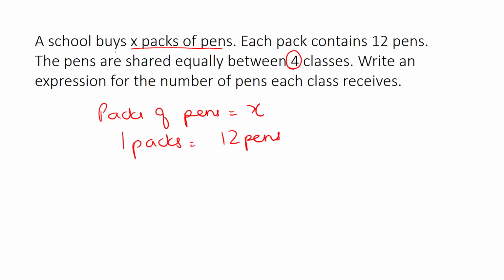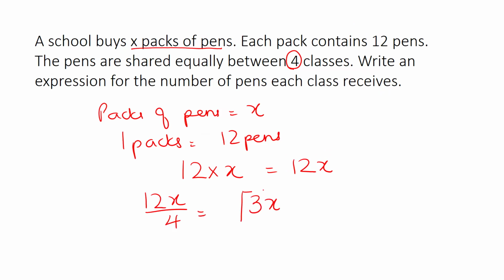So how many are they going to buy? x. And then in the x packs, there are 12 pens each. So we are going to write 12 times x, which is 12x. And now we are distributing this between 4 classes, so we are going to divide that. So 12x divided by 4 equals 3x.